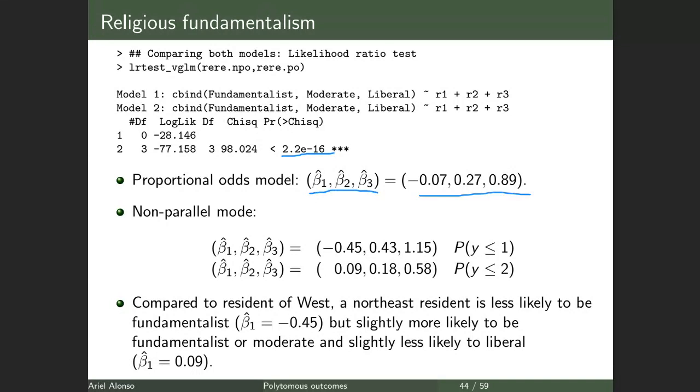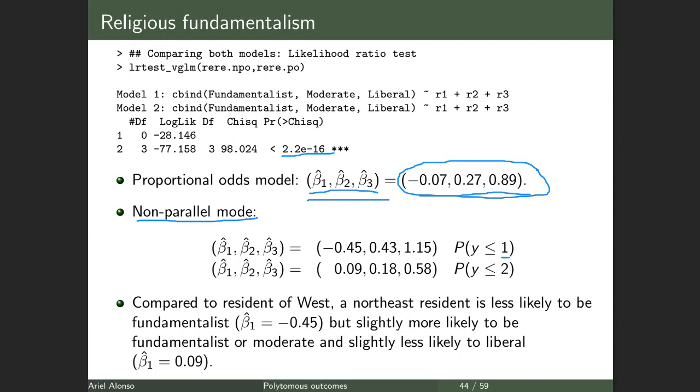So here you have the coefficients. In the proportional odds model, you get the same coefficient for all the values of j. So these are the regions, the three coefficients for region, because you have four regions, so you need three indicator variables. And in the proportional odds model, they will be the same. But if you have the non-parallel model, then these coefficients will change depending on the value of j.